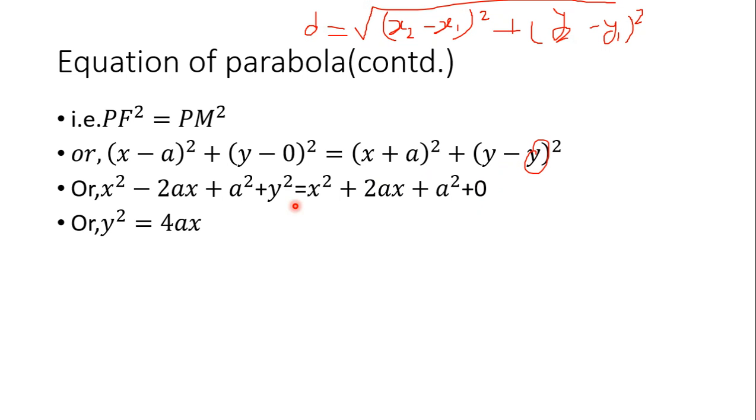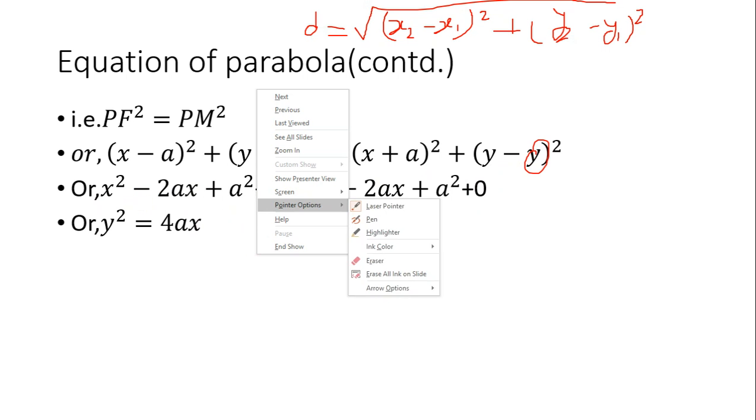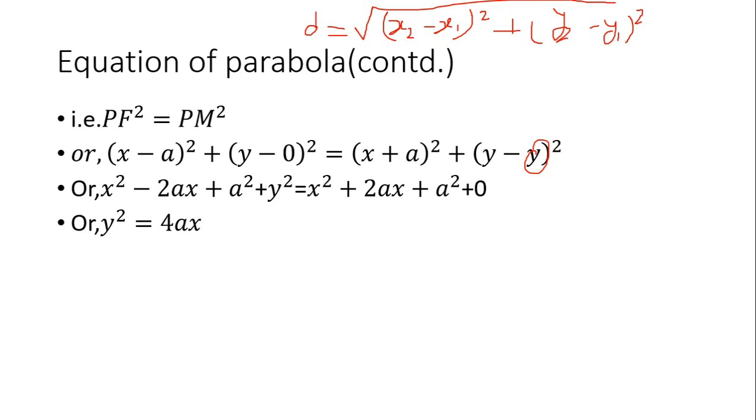Now on both sides this x square and x square can be cancelled, and similarly this a square can be cancelled with this a square.